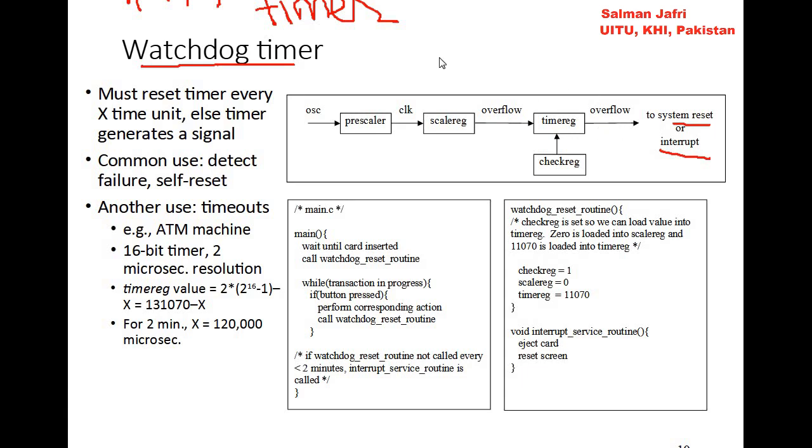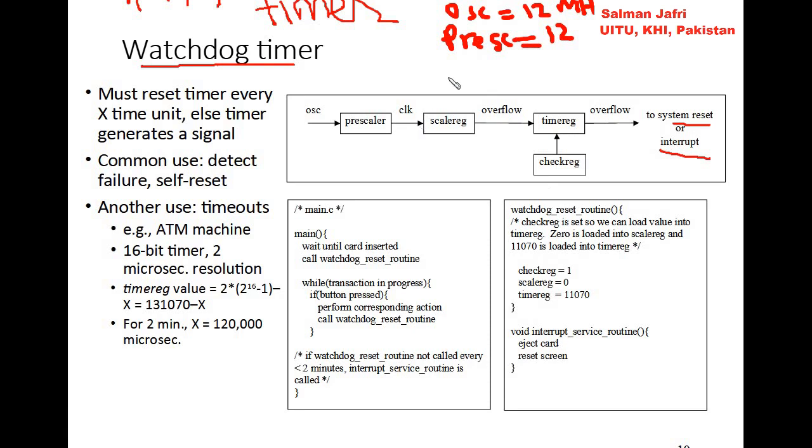So what we can do, we can have certain calculations. Let's say the oscillator is 12 megahertz, and prescaler is equal to 12, right?